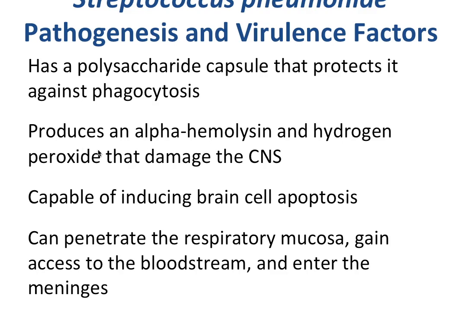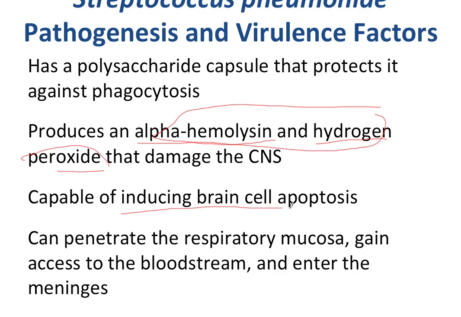Okay, so this microbe can also release alpha hemolysin and hydrogen peroxide. Those chemicals can damage the nervous system. So it can cause apoptosis of brain cells and kill the neurons.